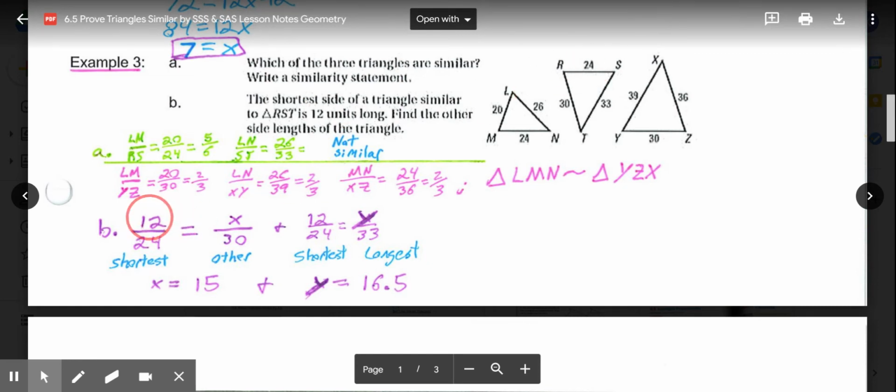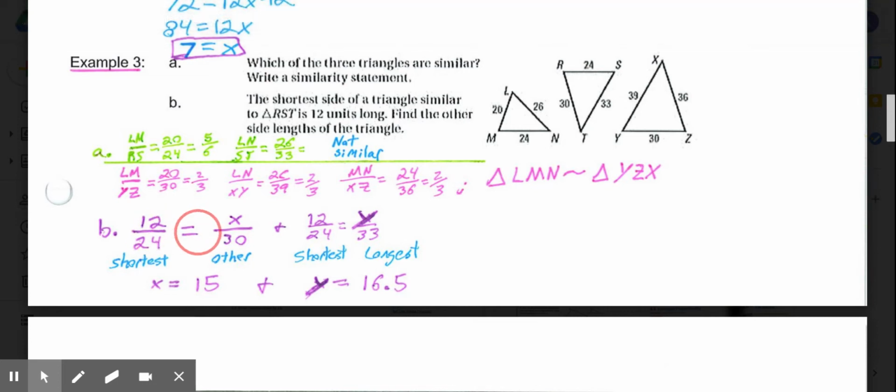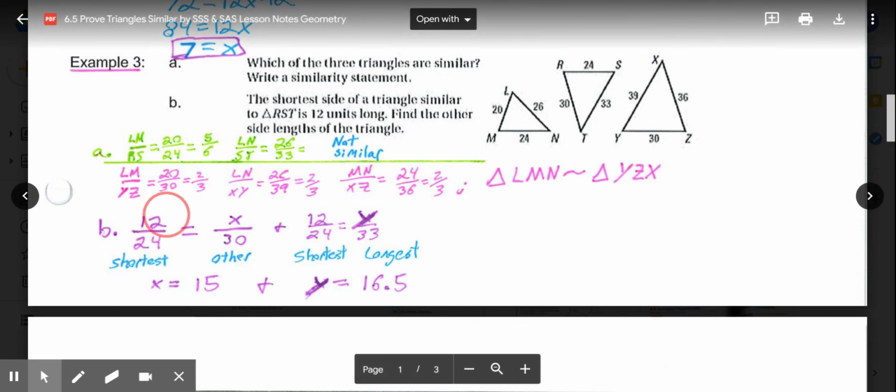So I'm going to put my shortest side on my unknown triangle over RS. So 12 over 24 equals, and then to figure out my other measurements, I take my missing pieces. So I know 12 over 24 for both.